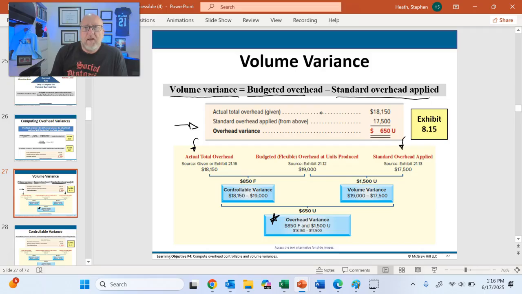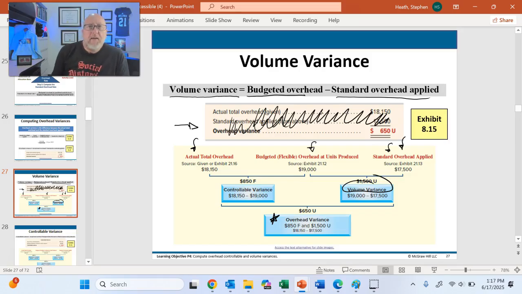And I think that's still right. So this slide right here is the total overhead. So that just makes everything super confusing.